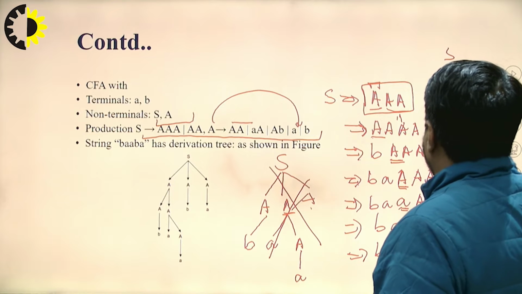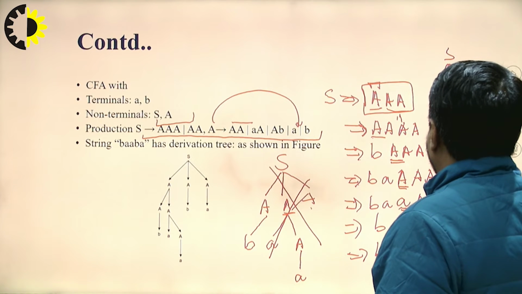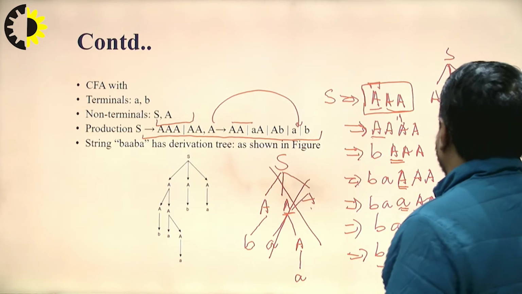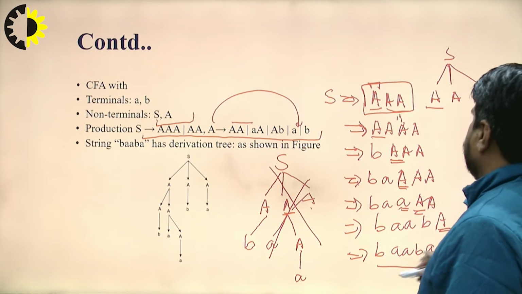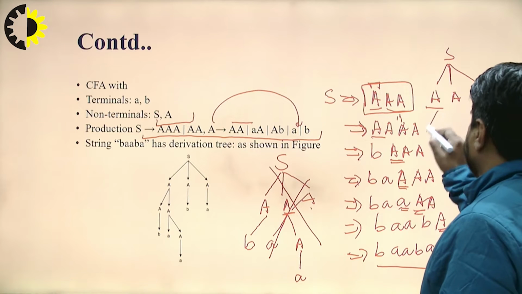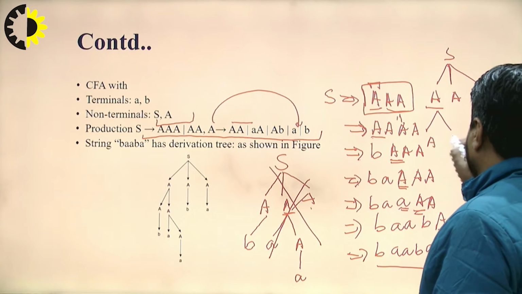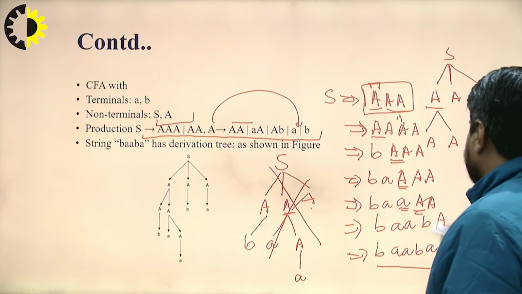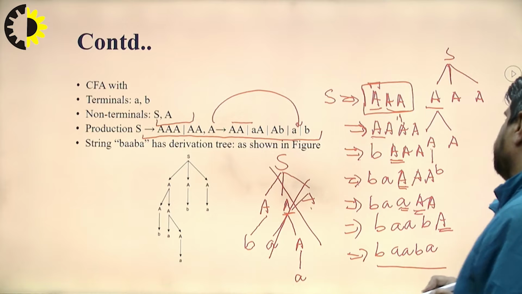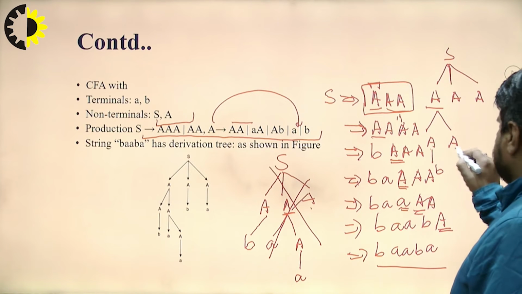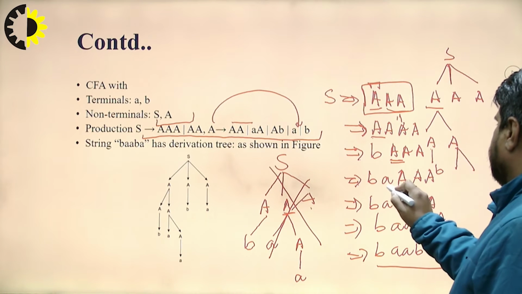S tends to A, right? And you can see this particular A gets replaced by AA. So you can write down A and A, right? Once again, you can see this A gets replaced by B. Once again, you can see this A gets replaced by AA.